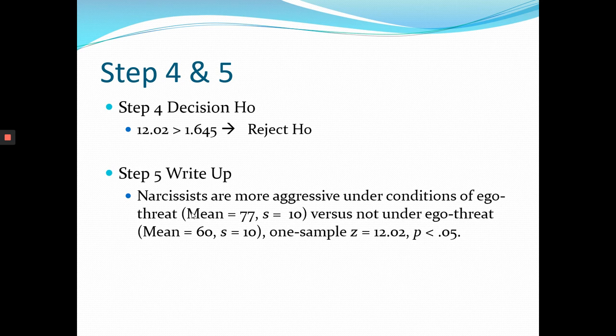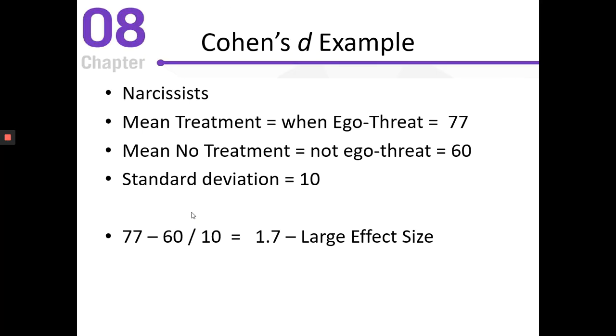So that's our statistical test in terms of the null hypothesis. But not only was our null hypothesis rejected, we also have evidence that the difference between the treatment group and the non-treatment group was large. There was a big difference in aggression. So ego threat made them act a lot more aggressively than under regular conditions of no ego threat. It had a large impact on their behavior. That's what effect size is saying.